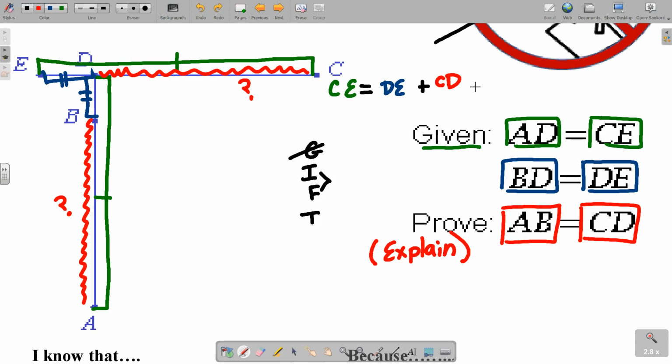That's implied. We know that the big segment is made up of the little segments. Why don't we write that down for both? We also know that AD is made up of BD, the blue, plus the red, AB. That's implied.